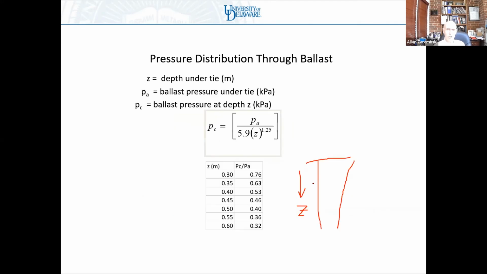Another way of doing the same problem is, if you just want to use the ratio here.